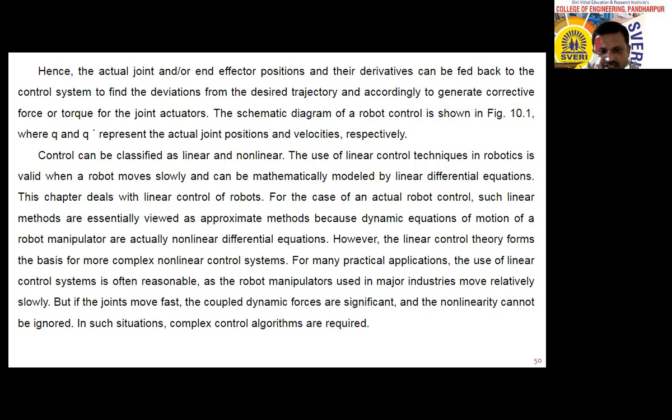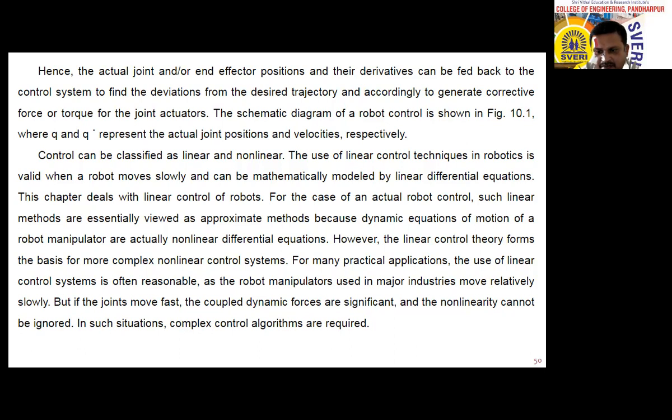In this chapter on linear control of robots, for the case of an actual robot, such linear methods are essentially viewed as approximate methods because the dynamic equations of motion of a robot manipulator are actually non-linear differential equations. However, linear control theory forms the basis for more complex non-linear control systems.